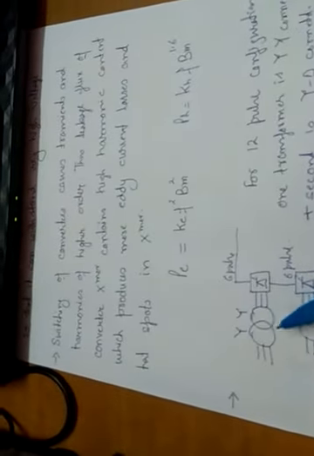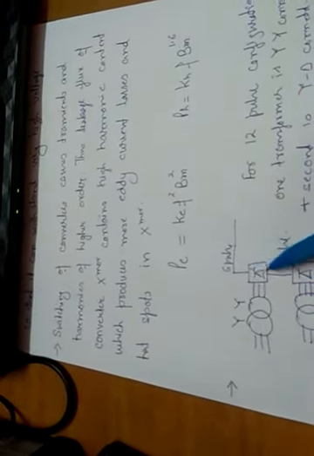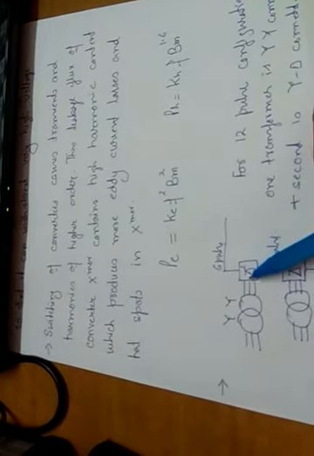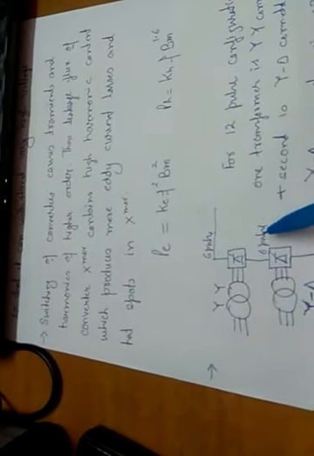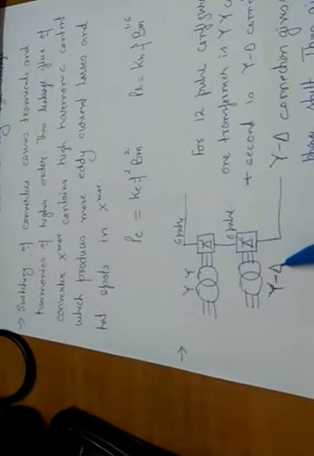Now, for 6 pulse operation, simply a YY transformer and one converter is used. For a 12 pulse operation, we use 2 converters, getting 6 pulses from each. If one transformer is star connected, the other should be star delta connected.